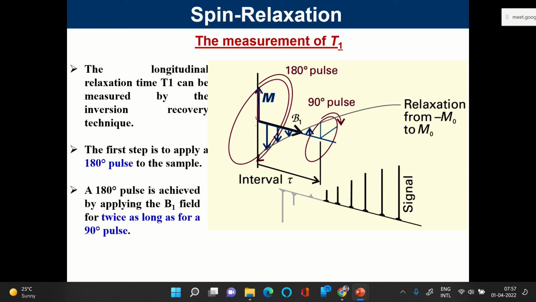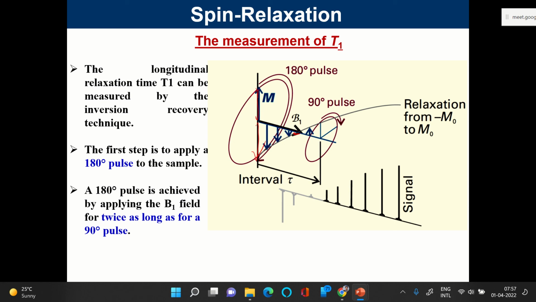Magnetization initially was pointing like this, now it will be pointing like this, and then you allow it to decay. Once that decay has happened, you apply a 90-degree pulse.